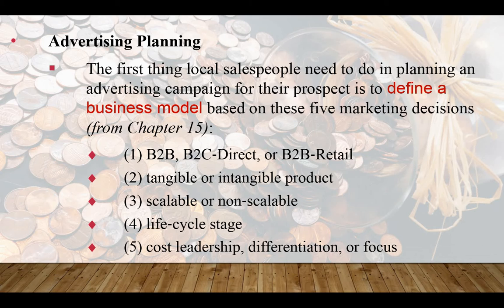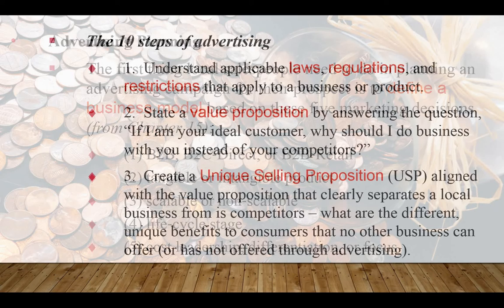Where are they in the business life cycle? Are they in the developing stage, or have they gotten to the point where they're in their maturity, or are they on their decline? And also thinking about the difference of where they are in terms of cost leadership or differentiation, or perhaps a focus with one or the other in mind.